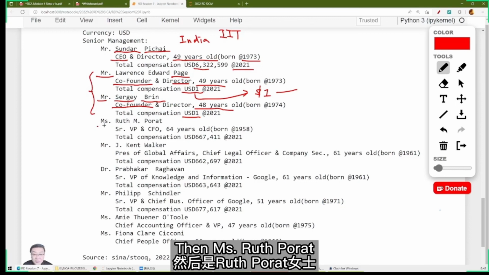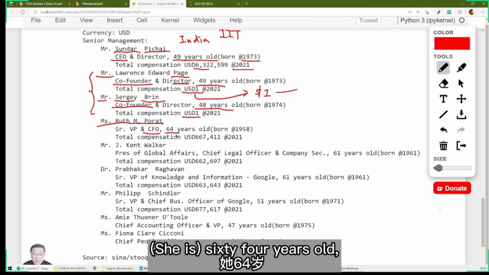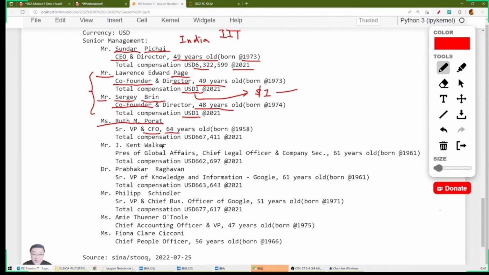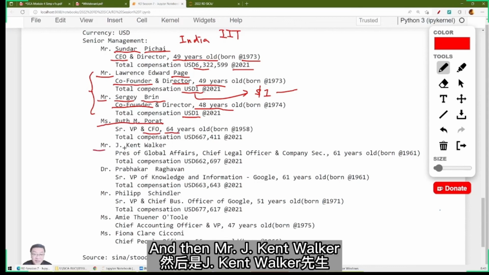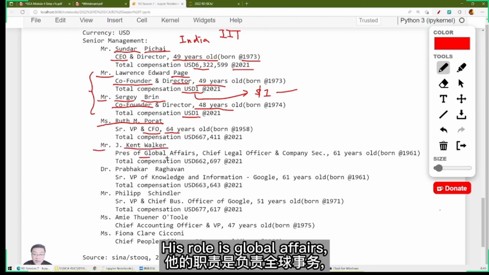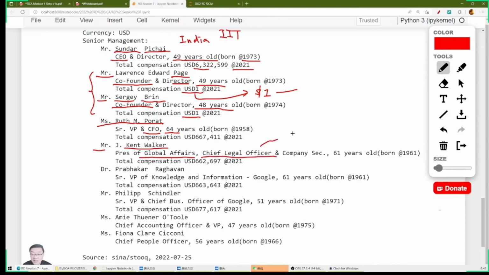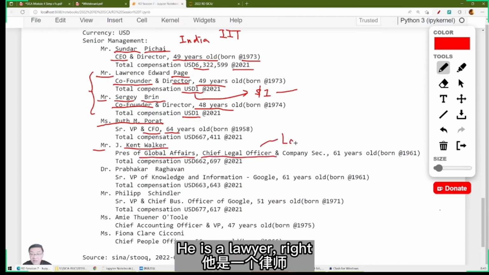Then, Mrs. Ruth Porat. Her role is CFO. 64 years old. Wow, a little bit old, right? Then, Mr. J. Kent Walker. His role is Global Affairs, a Chief Legal Officer. Well, he's a lawyer, right?